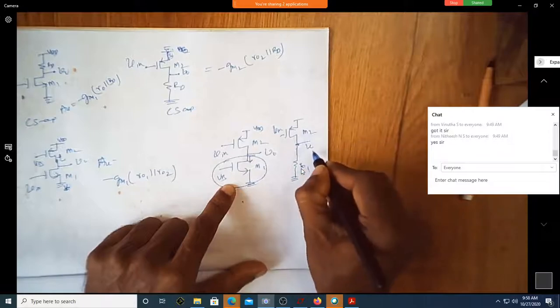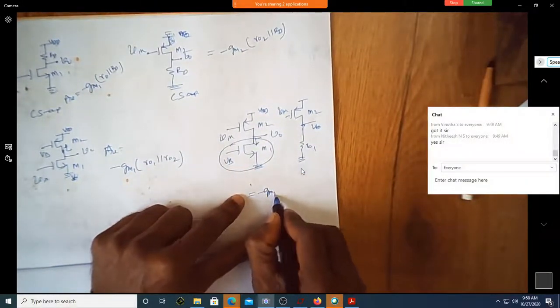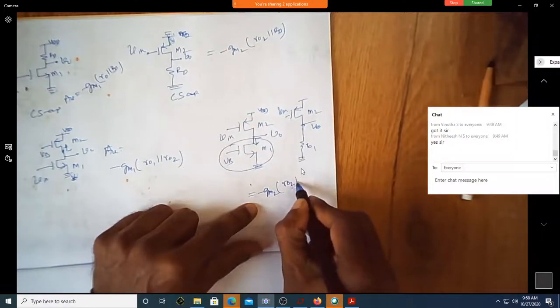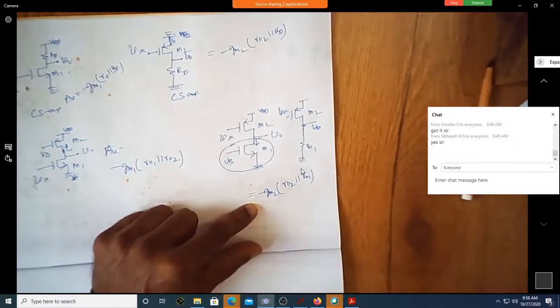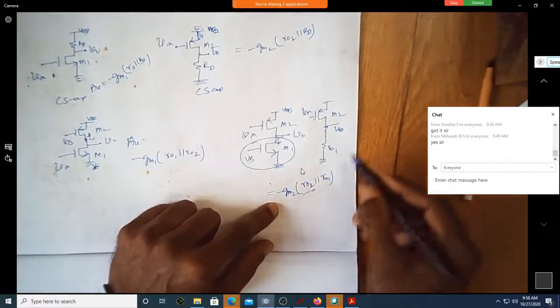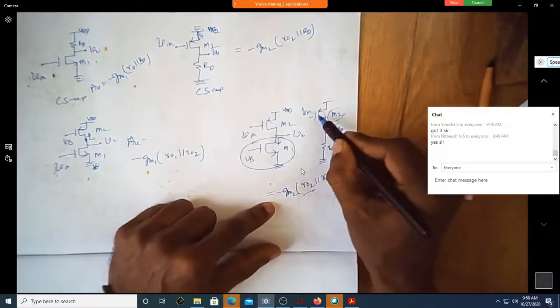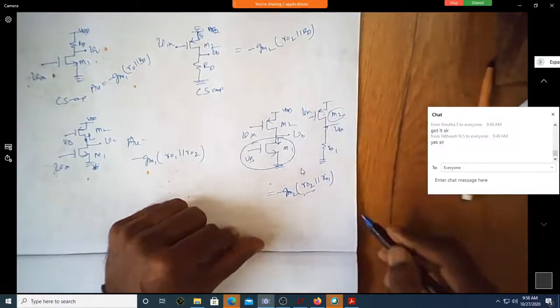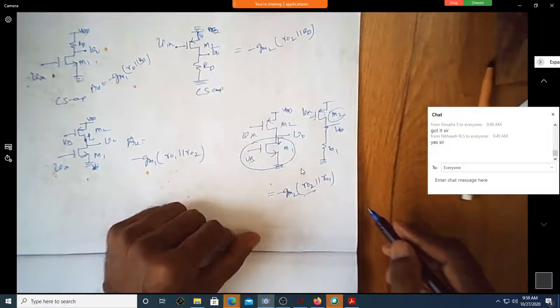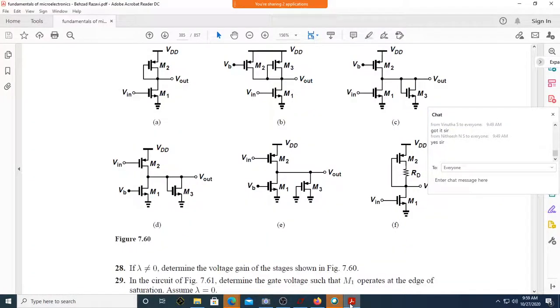This is M2. So what is the expression now? Minus GM2 R naught 2 parallel with R naught 1. So this R naught 2 is associated with transistor M2, R naught 1 is this transistor, and GM2 is the one to which you applied the input voltage. We'll go back to this.